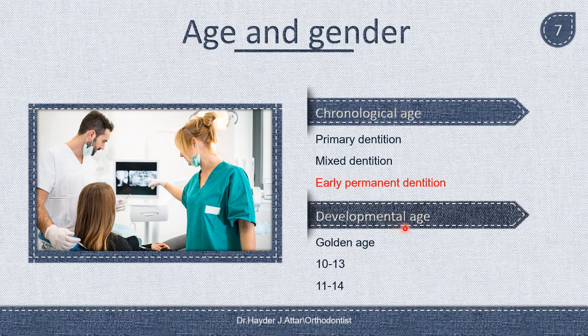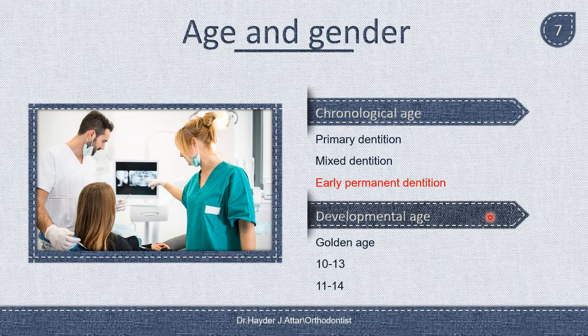The developmental age or the skeletal age of the patient means the maturation of the bones of the patient, and this is estimated according to the hand-wrist radiographs. There is no clear correlation between the chronological age and the developmental or skeletal age of the patient.